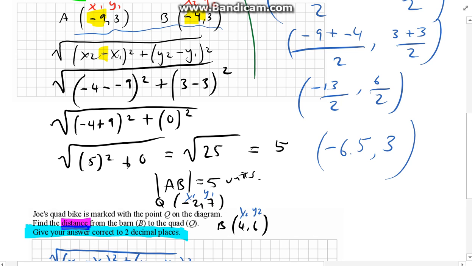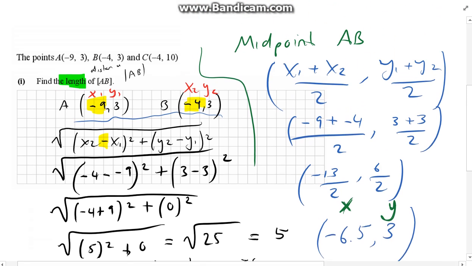So that's your point, minus 6.5 and 3. Don't forget that if you had to plot that, that's your x coordinate, that's your y coordinate. So don't get confused by any of that. But it's pretty straightforward, and it's not too difficult.